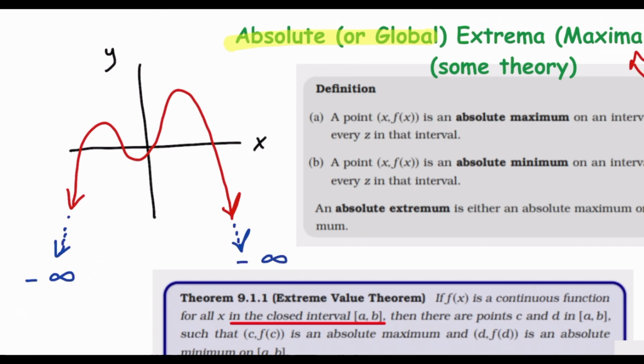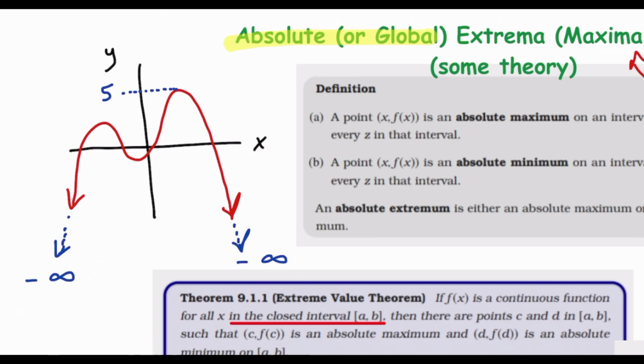So it doesn't really have an absolute minimum value. It does have an absolute maximum value, though. No matter how far I go along this curve, this value right here, let's just call it 5 to make our life easy, would be our absolute maximum value. It is the highest point reached anywhere on our curve.